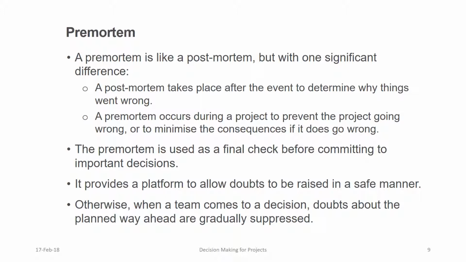Otherwise, when a team comes to a decision, and particularly when the leader has a strong involvement in it, doubts about the plan are gradually, even subconsciously, suppressed. This contributes to overconfidence in the team as only support for the decision is expressed.